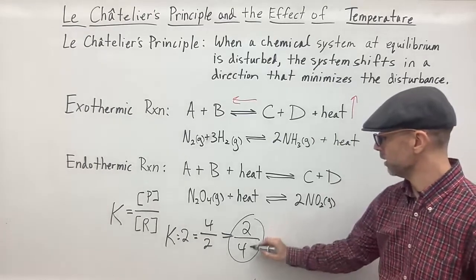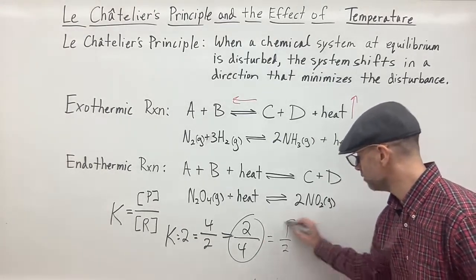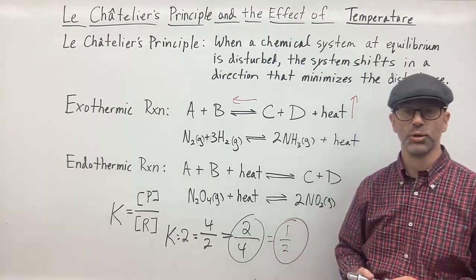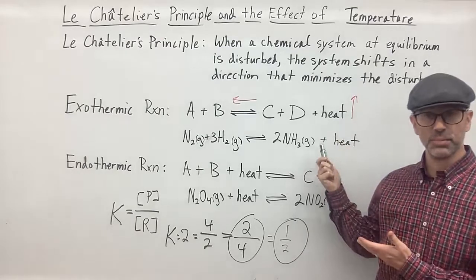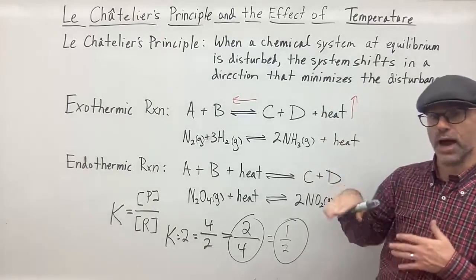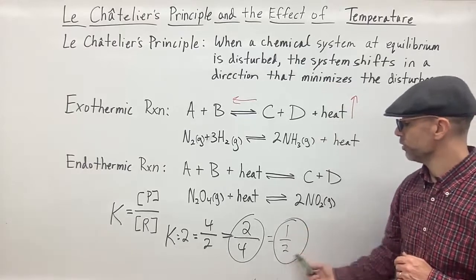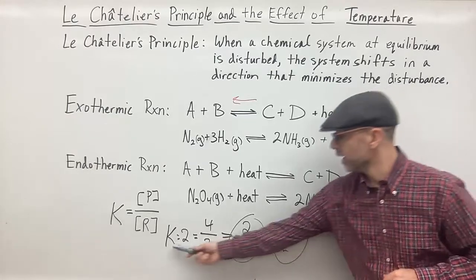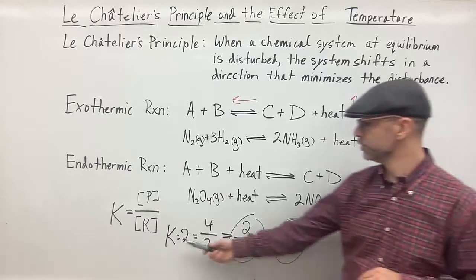But now look at my numbers. The numbers at equilibrium are now 2 and 4, so K is 1/2. So this is the new equilibrium constant under the condition of raising the temperature from, say, 25 to 30 degrees. So now at 30 degrees, the equilibrium constant is 1/2 instead of 2.